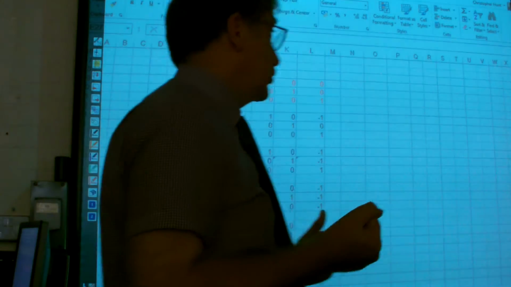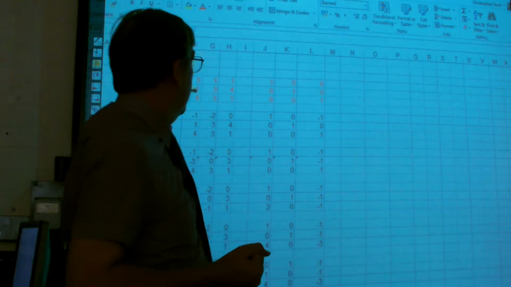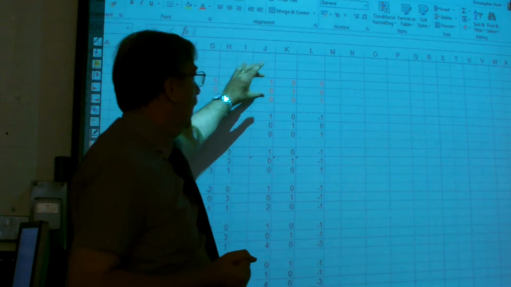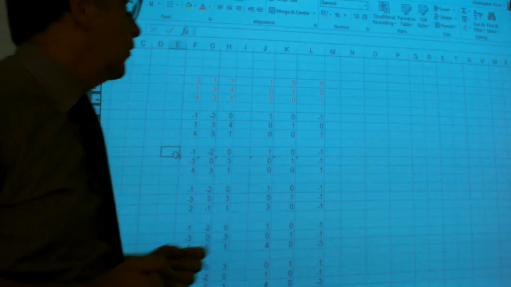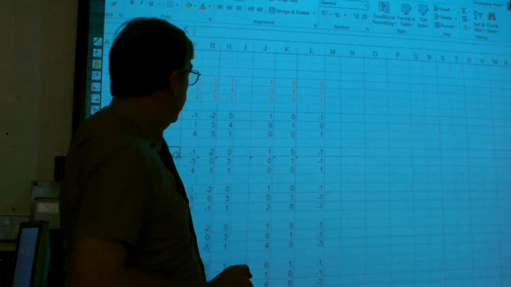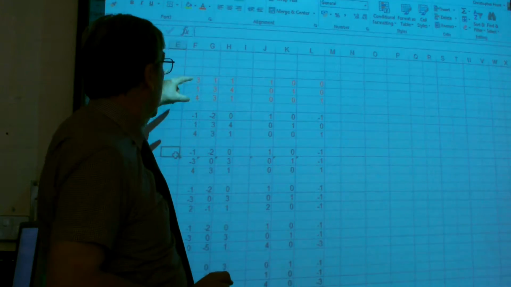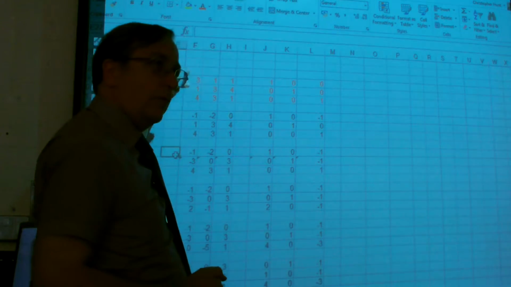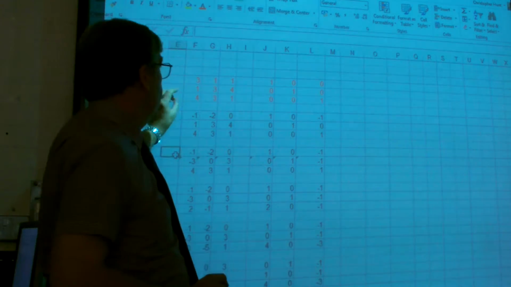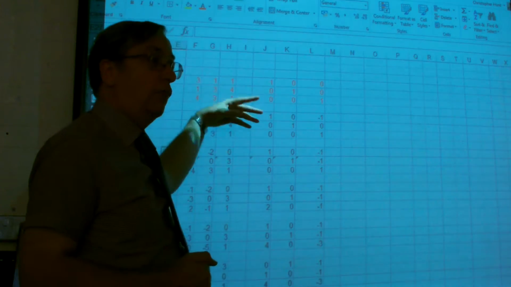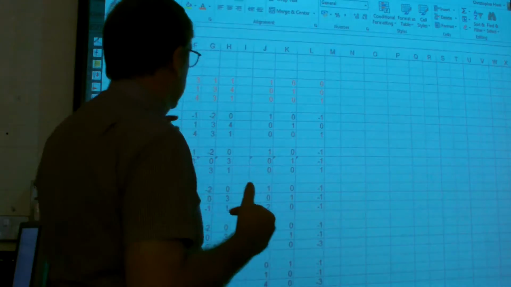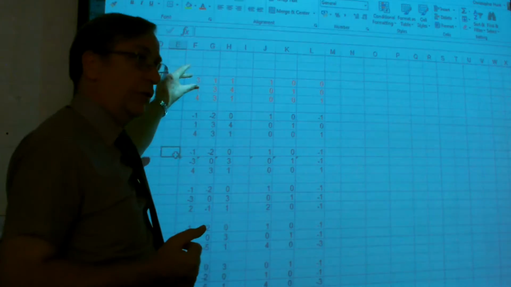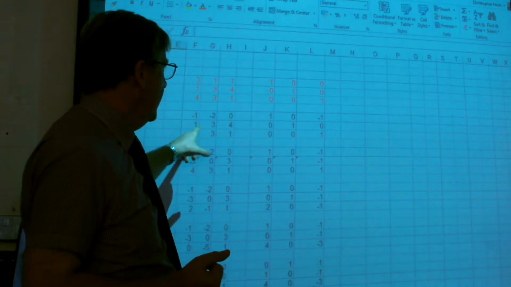And the Gaussian elimination method is to turn this matrix into the identity matrix by doing row operations. So you can switch the rows around, and you can add or subtract the rows, and you can multiply a row by a number or divide it by a number. Those are row operations. And the aim is to get to the identity matrix.